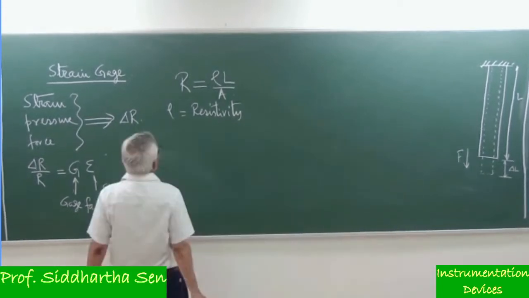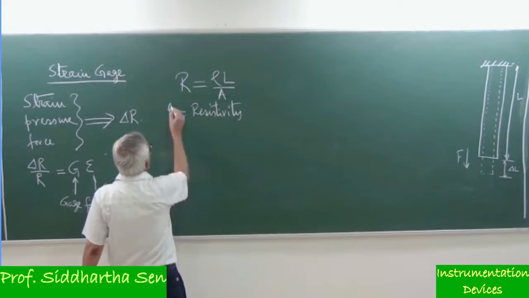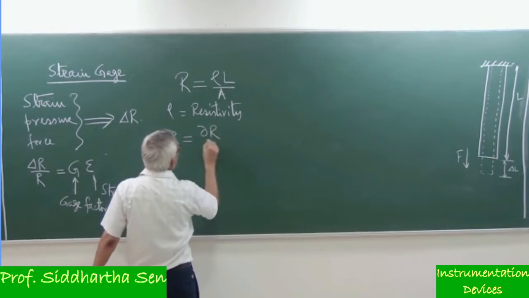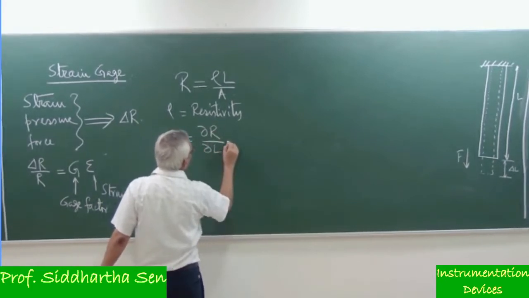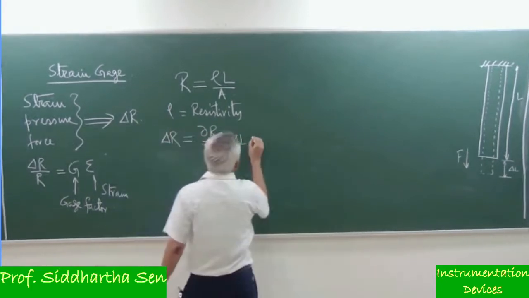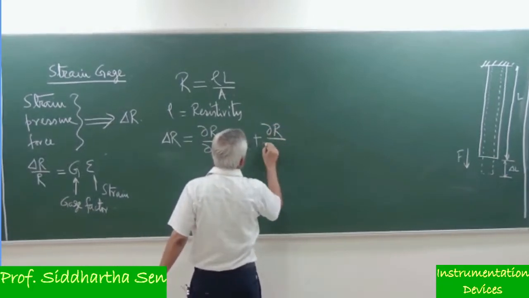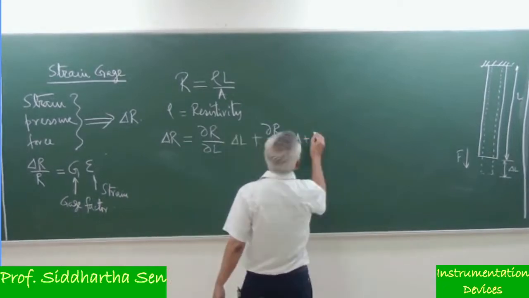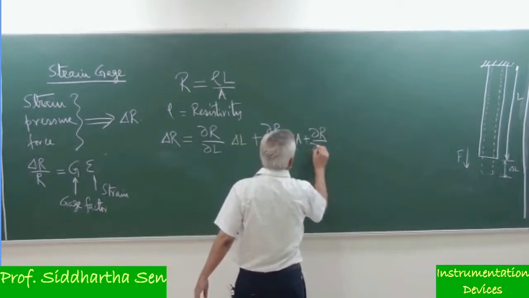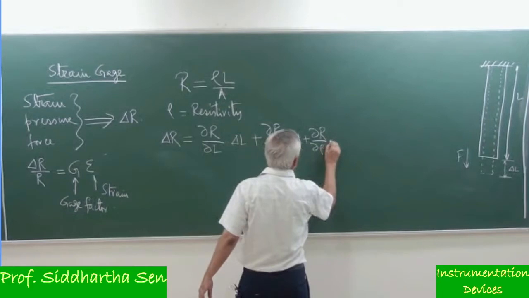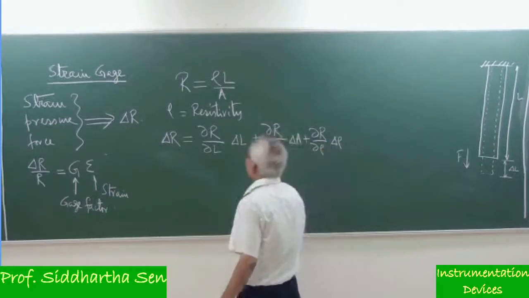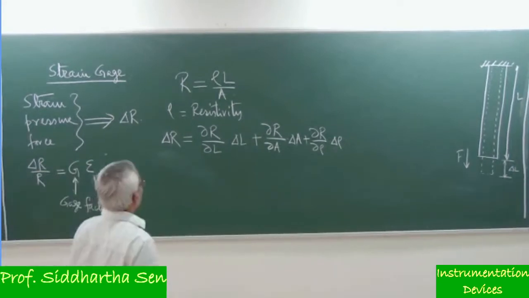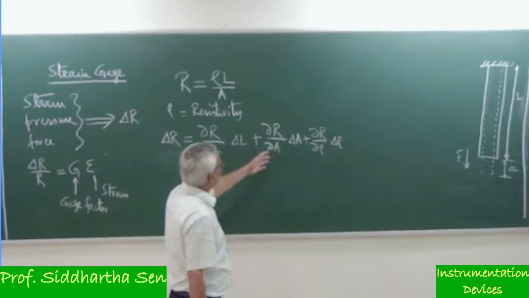So from this expression we can write delta R is equal to del R by del L into delta L, plus del R by del A into delta A, plus del R by del rho into delta rho. All the parameters L, A and rho may change, and this will be the relationship.